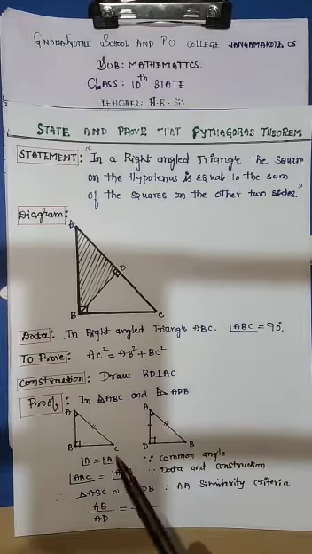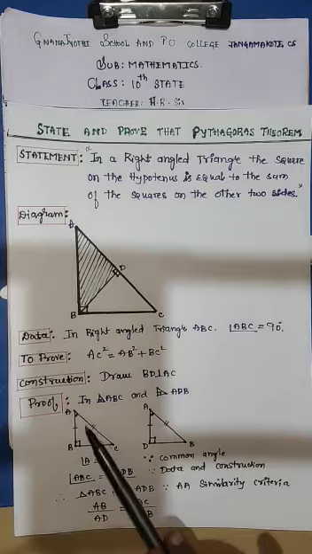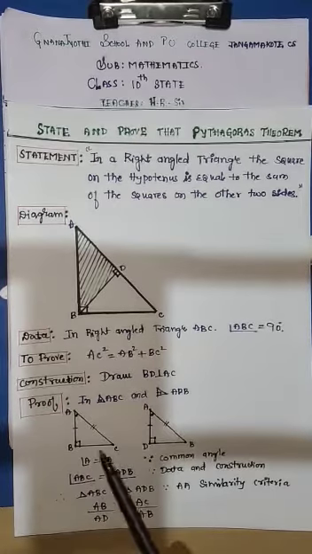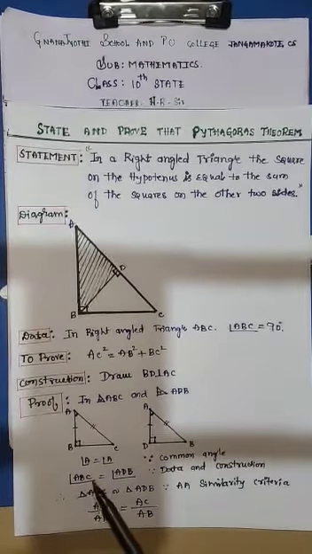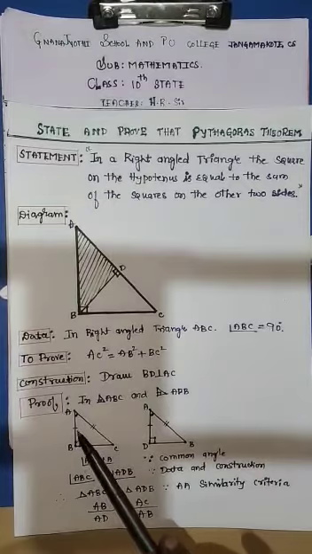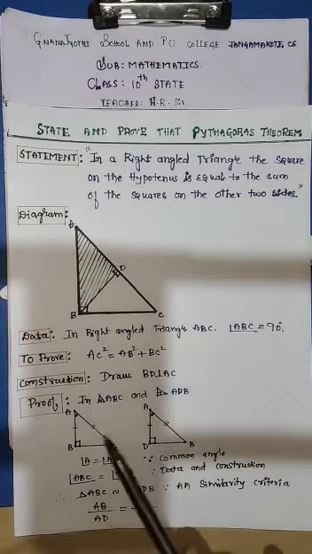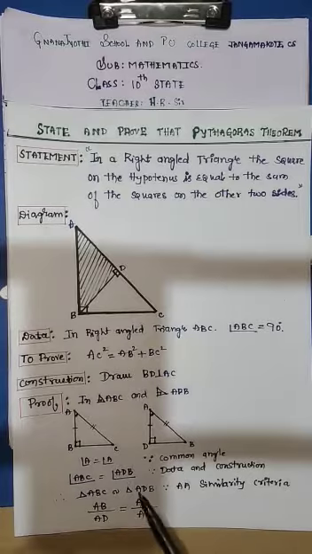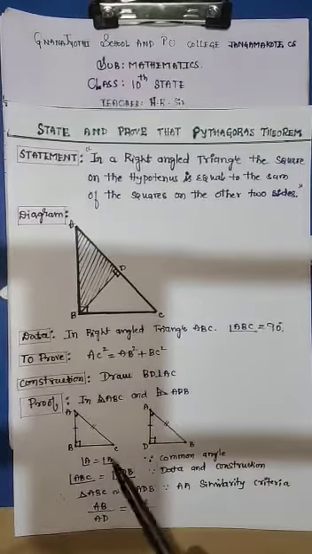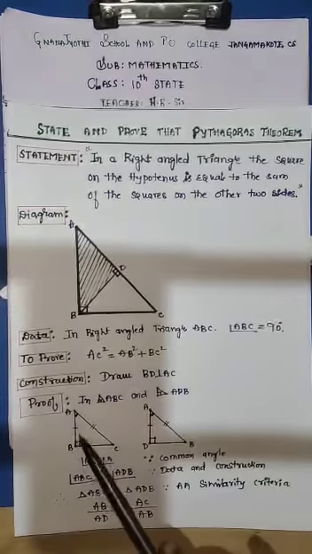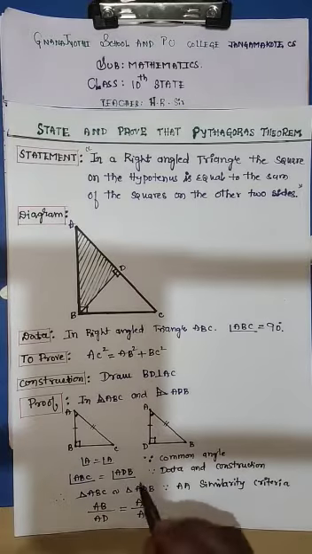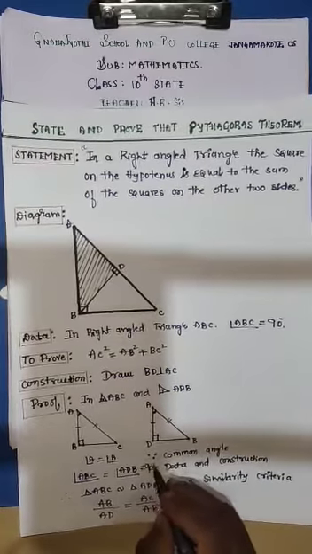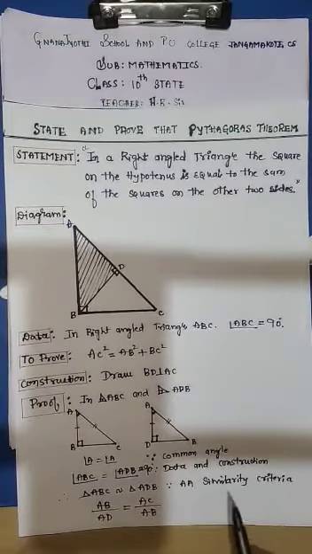Here angle A equals angle A, it is a common angle, so both angles of the two triangles are equal. Then angle ABC and angle ADB are equal, this is 90 degrees children. Because of the data under construction, the two triangles are congruent.